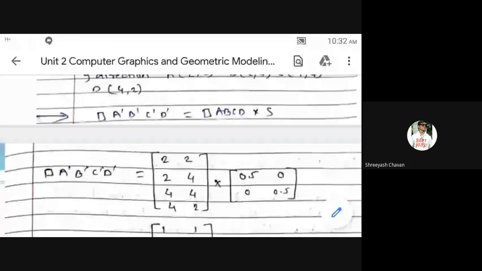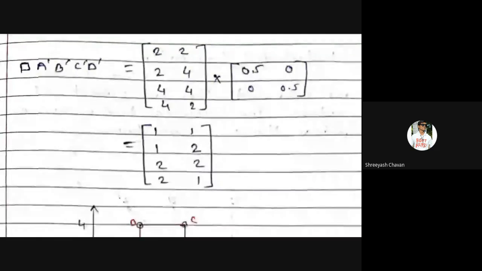Now the answer is first row, first column. For the multiplication you can use a calculator for answer checking and confirmation.